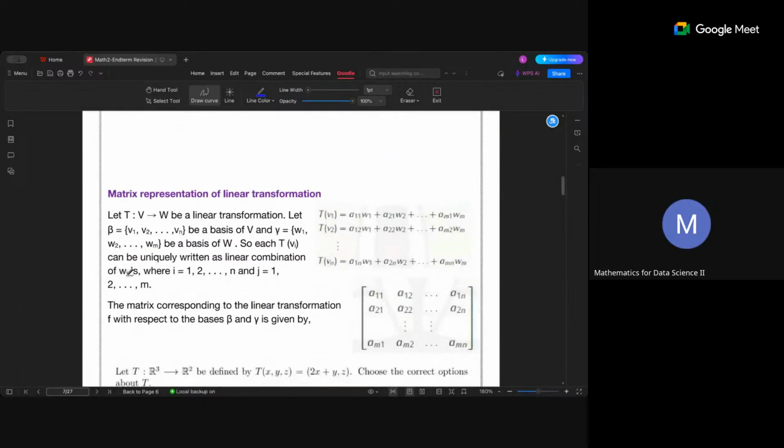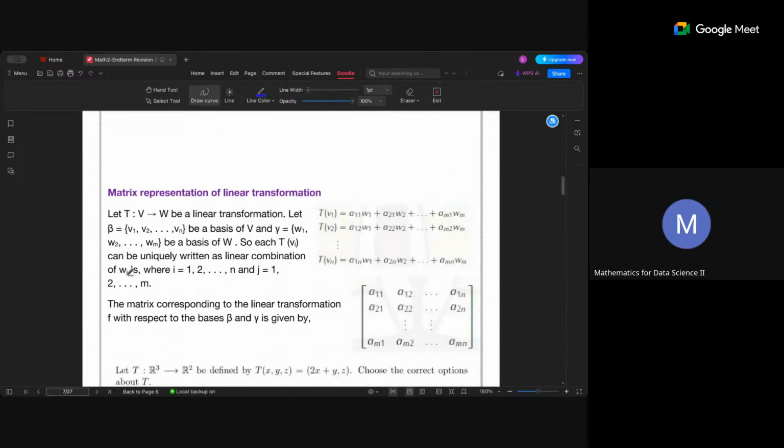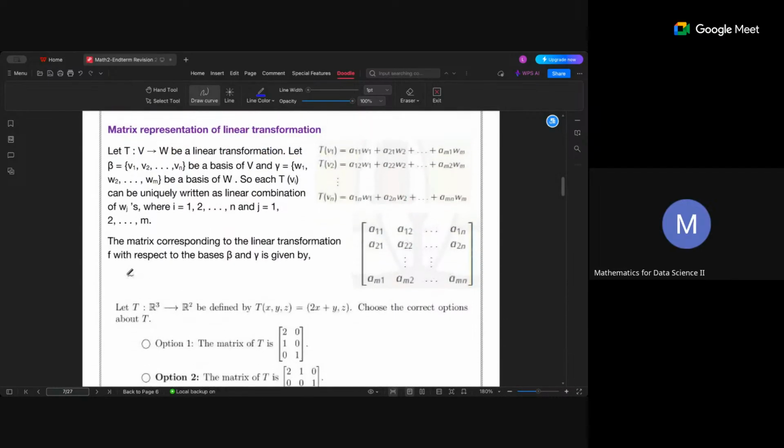So, moving on to matrix representation of a linear transformation. How do you do a matrix representation? Suppose you have a linear transformation T from V to W. You have some basis for the domain and some basis for the codomain. First you look at the transformations of the basis elements of the domain.